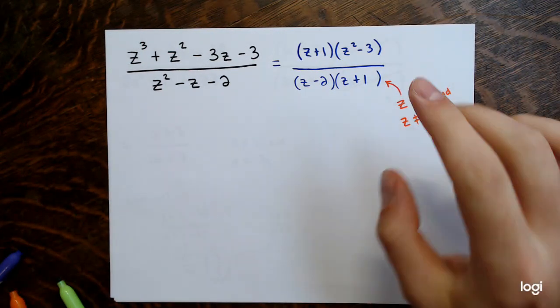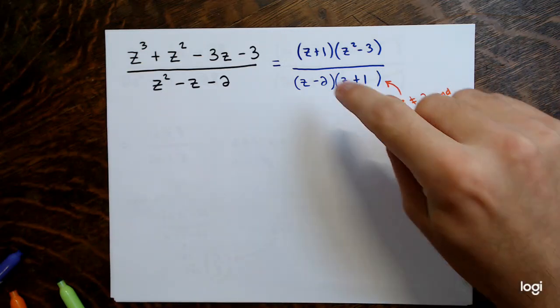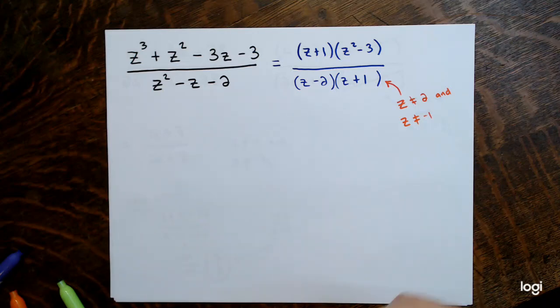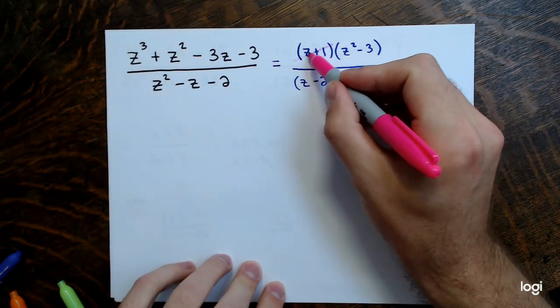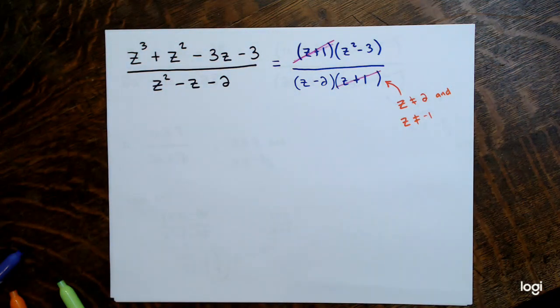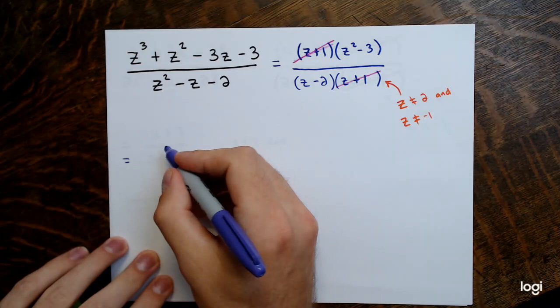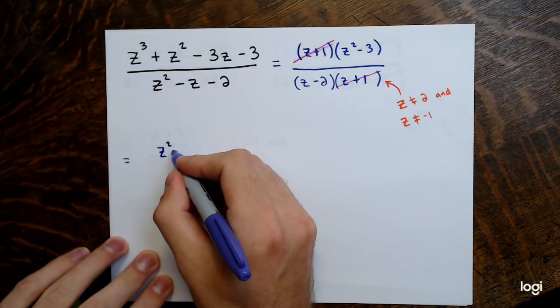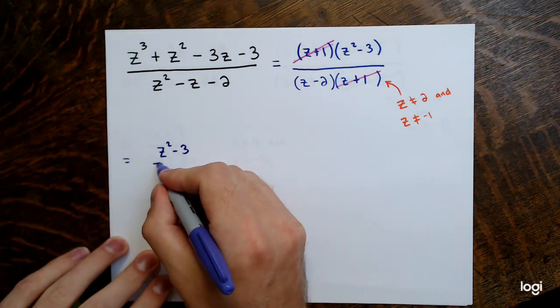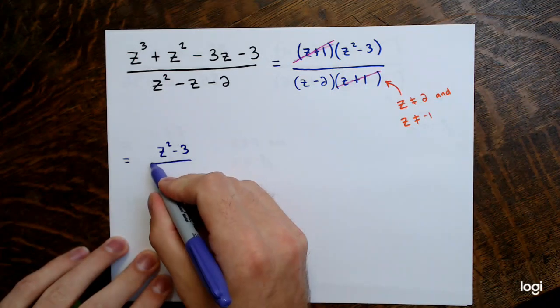Now that I've pointed that out, as long as z is not one of these numbers, I can continue and simplify. I'm seeing a factor of z plus 1 in both the numerator and denominator. So this fraction simplifies to z squared minus 3 in the numerator, and it's the only factor left up there, so I don't really need parentheses around it.